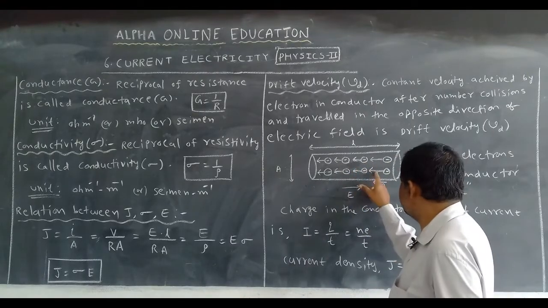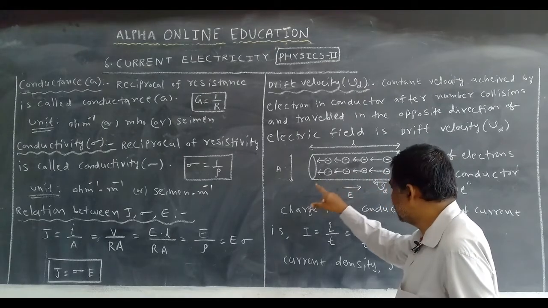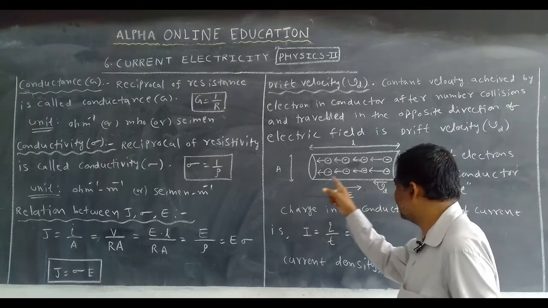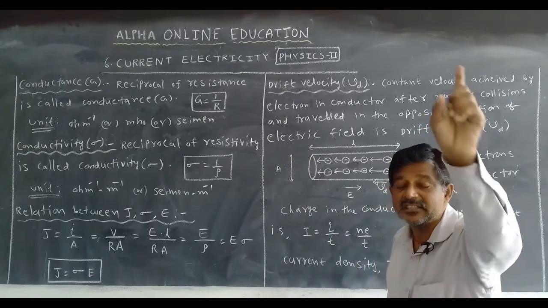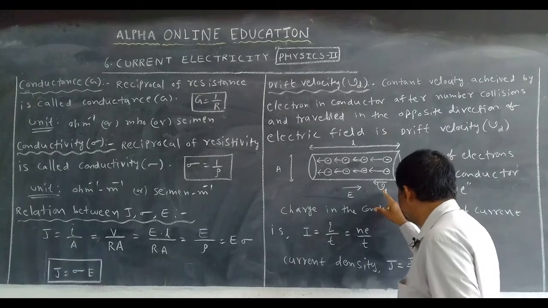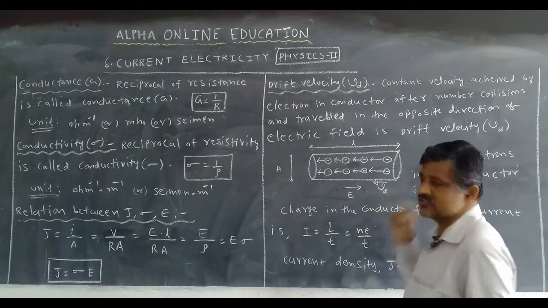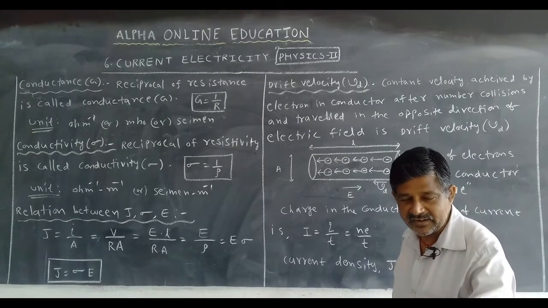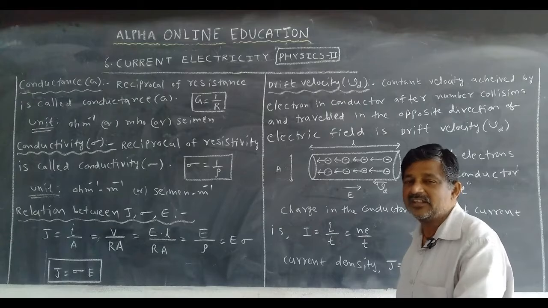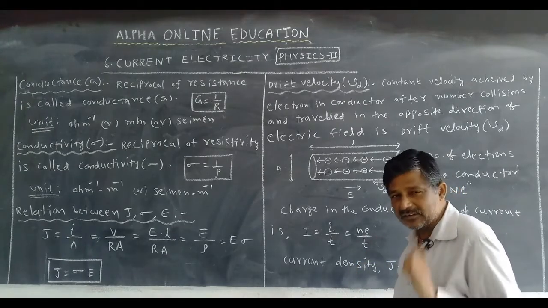Finally, these electrons move from one end to another in the opposite direction of the electric field with a constant velocity. That constant velocity is called drift velocity, Vd. When the conductor is taken in the external electric field, the electrons move in the opposite direction of the electric field, but they are opposed.